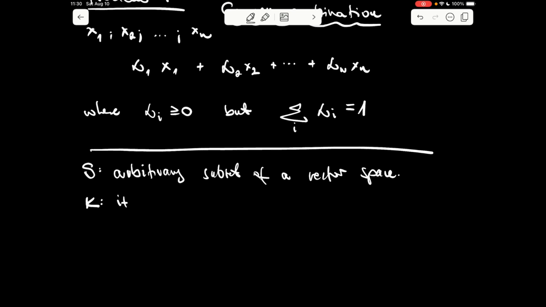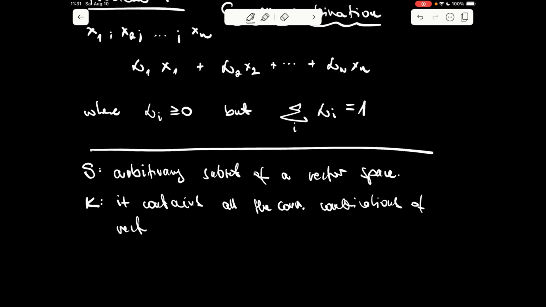It contains all the convex combinations, sorry, not linear, convex, my fault. So K contains all the convex combinations of vectors from S.